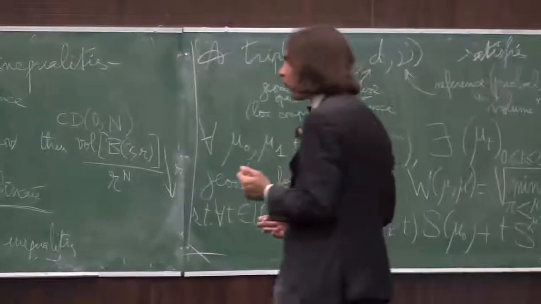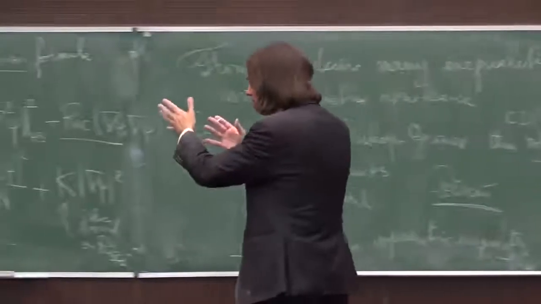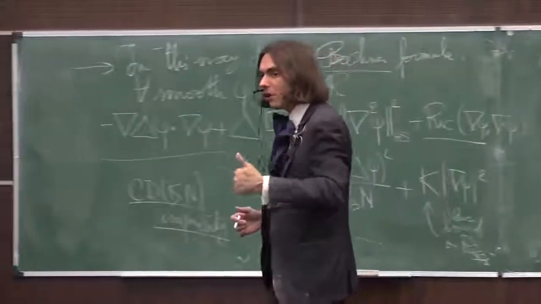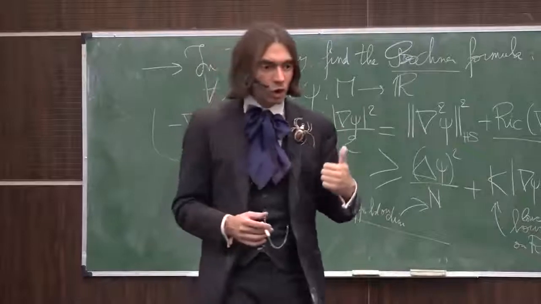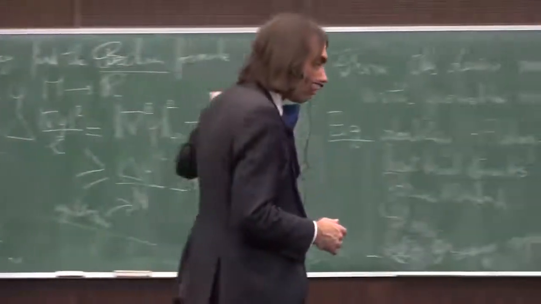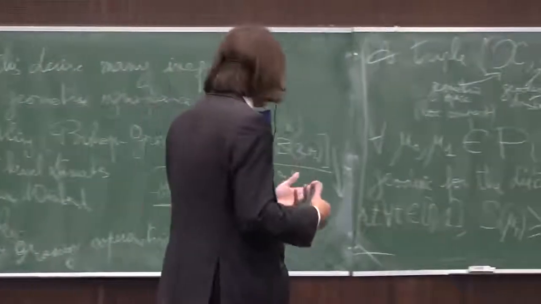And in the proof, most often, one of these formulas will appear. Either the formula about the evolution of the Jacobian determinant or the Bochner formula, which will be used and integrated.